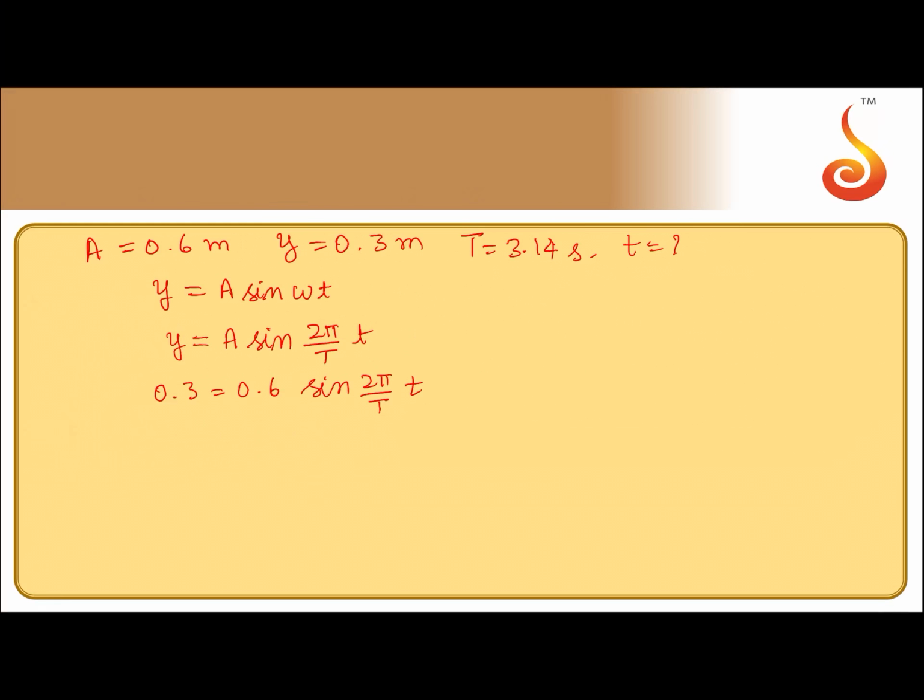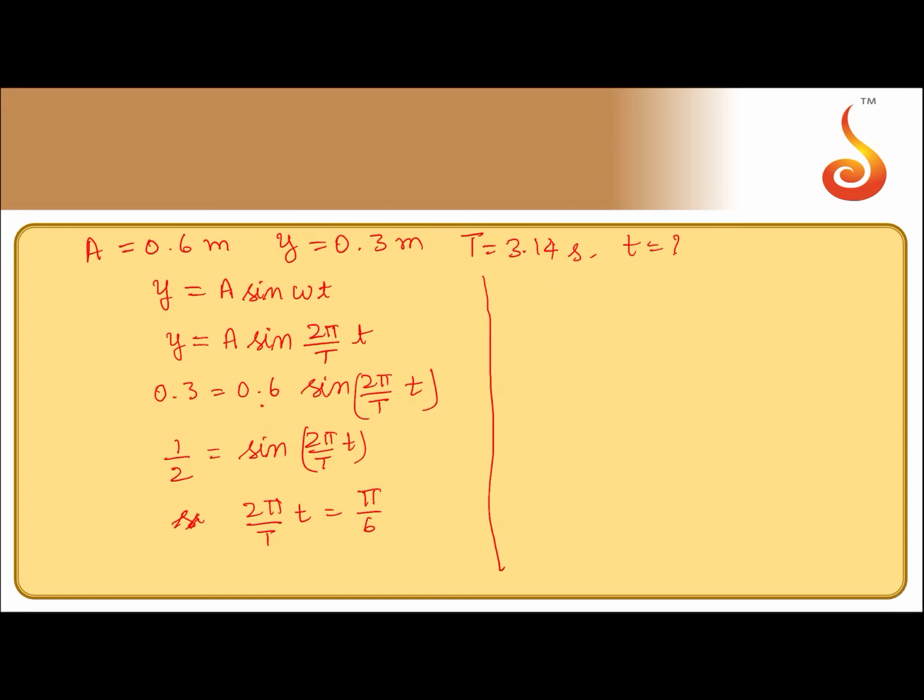If I send this 0.6 to this side, it will turn out to be half. Half is equal to sine of 2 pi by T into t. So 2 pi by T into t should be sine inverse half. Sine inverse half is pi by 6, that is 30 degrees. So 2 pi by T into t should be equal to pi by 6.